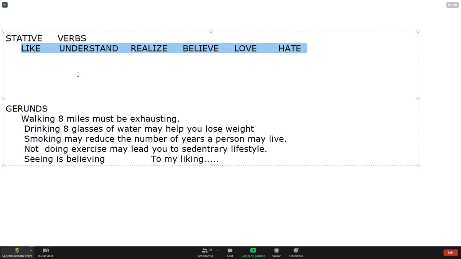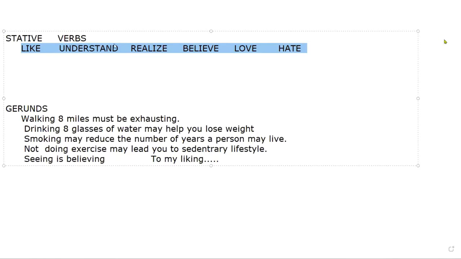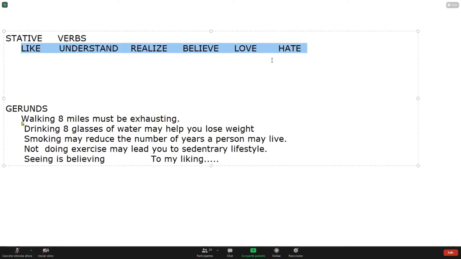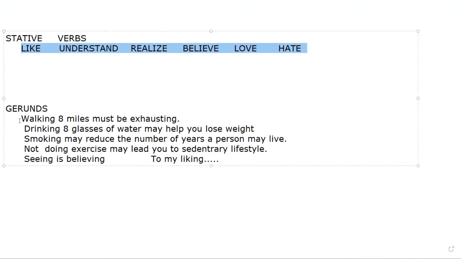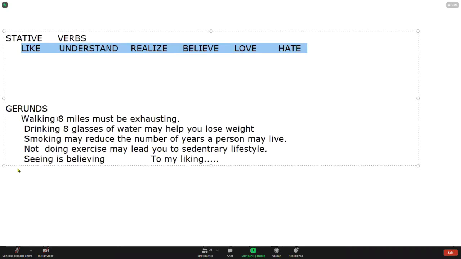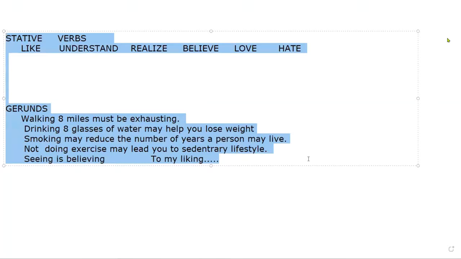Bien, en esa tabla comparativa van a ponerme las diferencias entre el present continuous y el simple present. Bueno, los stative verbs son parte del simple present, nunca del present continuous. Grábenselo bien. ¿Listo? Y los gerunds no tienen absolutamente nada que ver con el present continuous. ¿Vamos bien hasta aquí? Sí, por favor. ¿Seguros? ¿Todos bien?